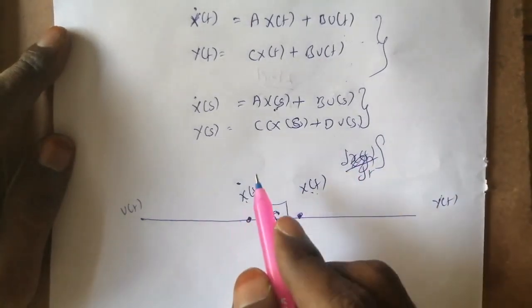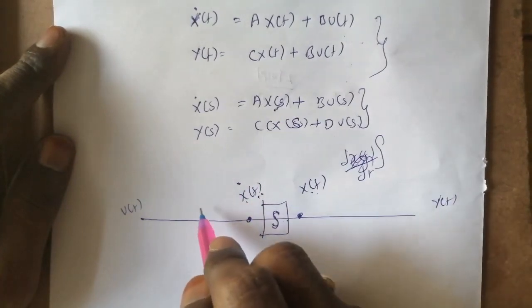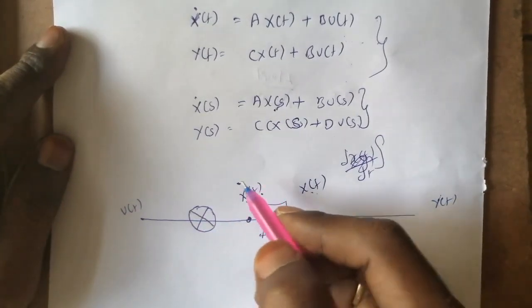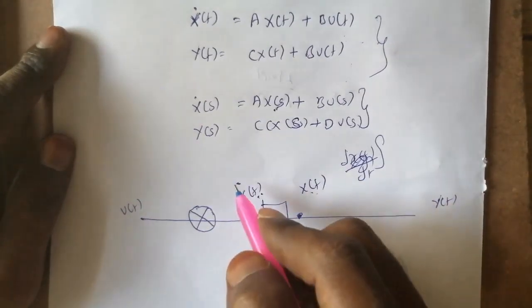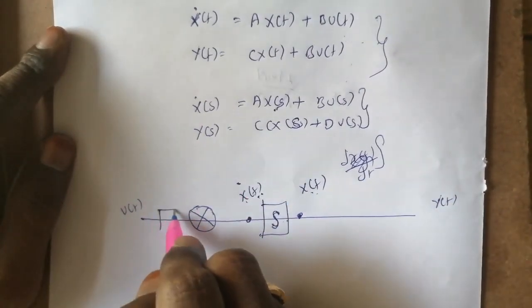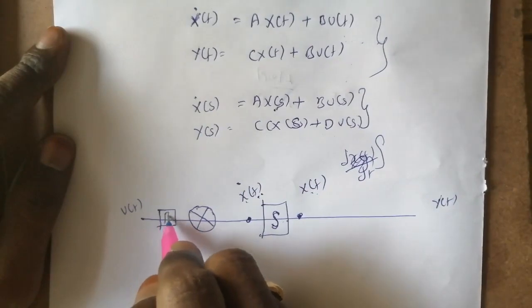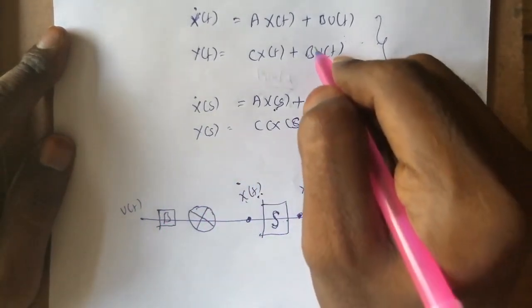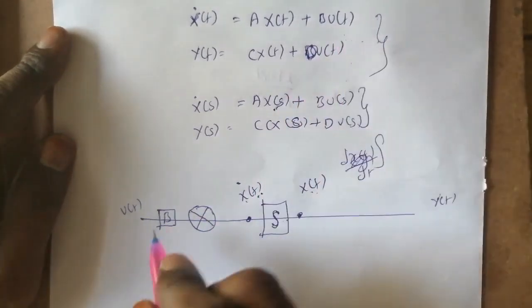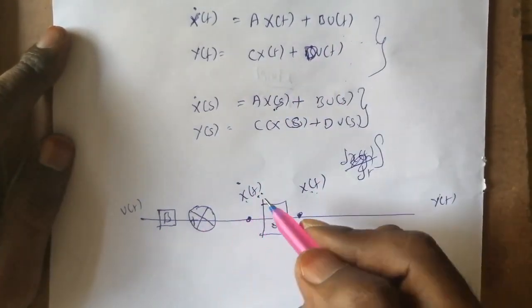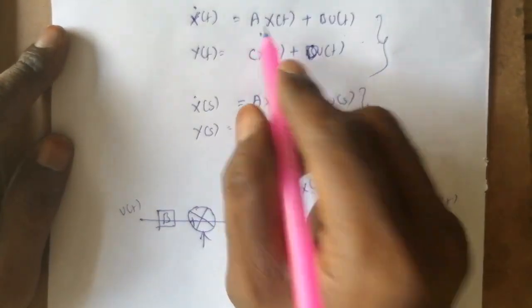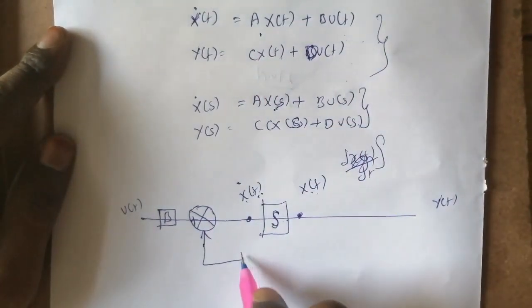Next, we have to add one summing point, and the elements multiplied are the input b and the feedback a. B is added here, and from x(t), a will come.